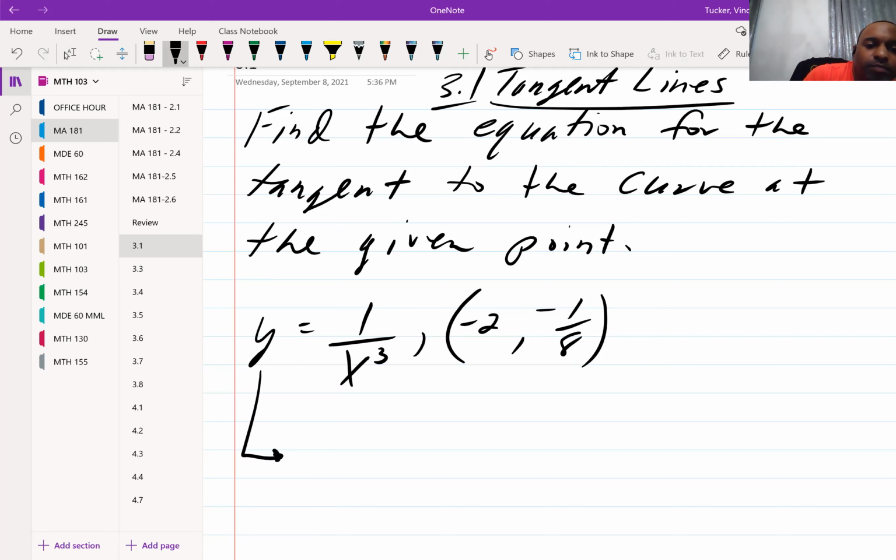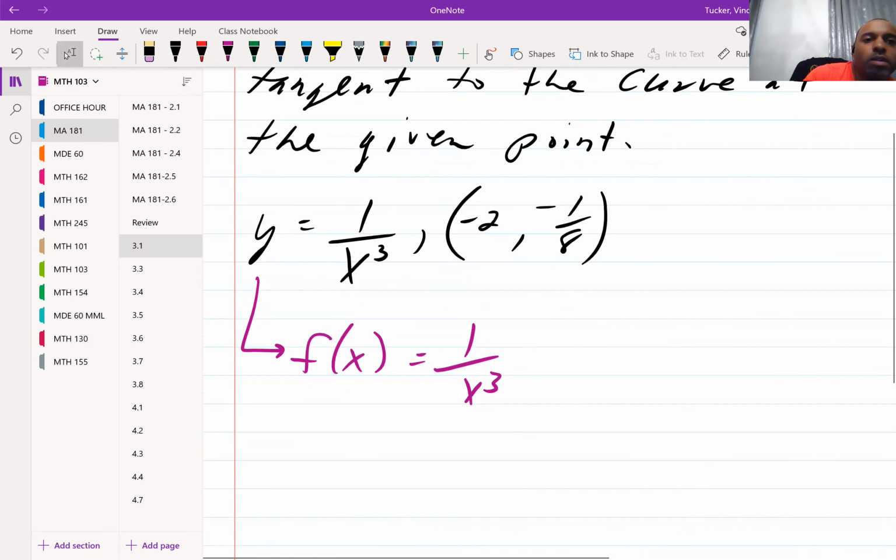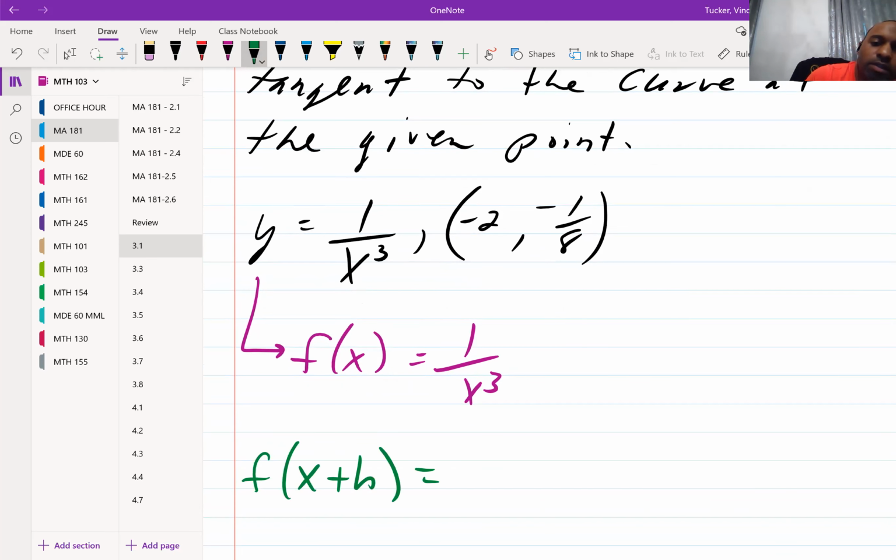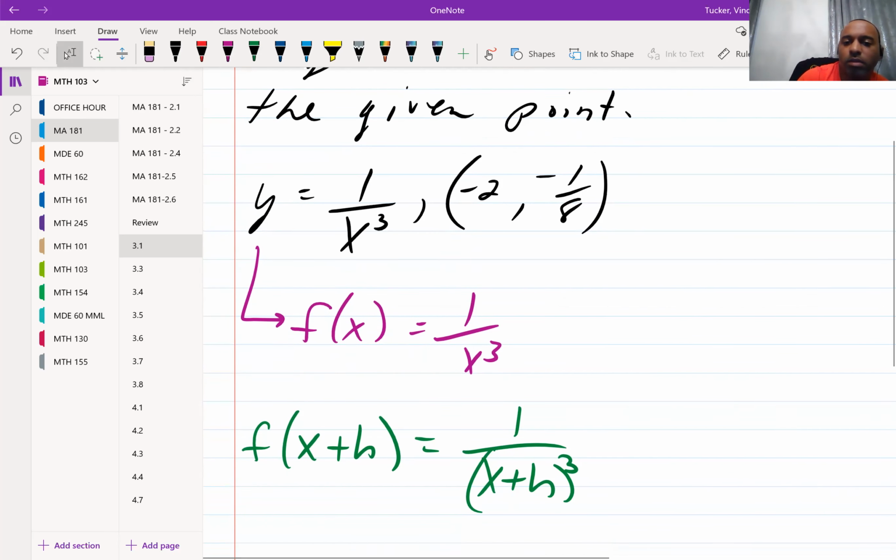So once again, y is the same thing as f of x. Difference quotient means we need to find f of x plus h. All right. So that's that.